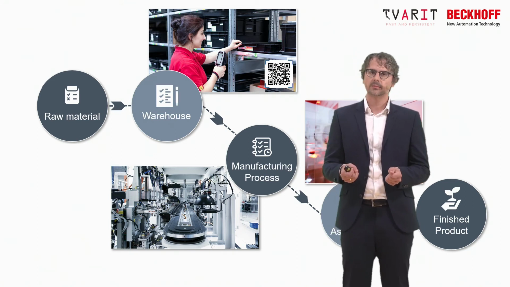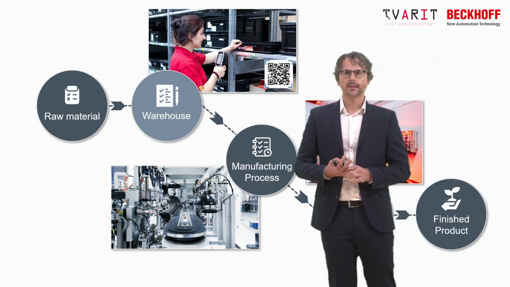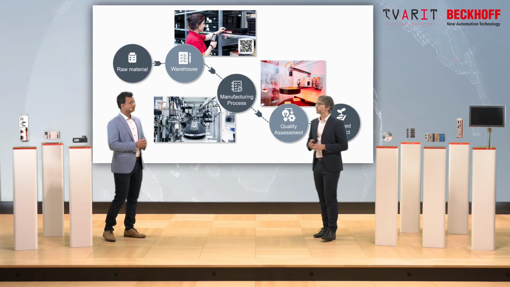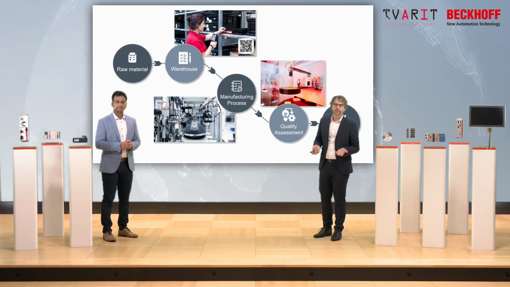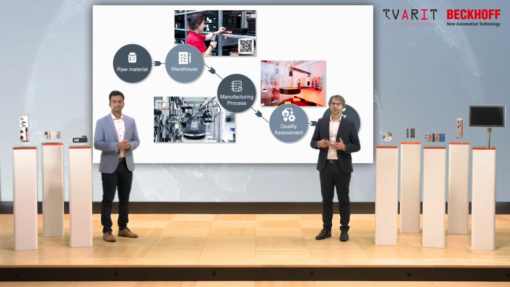So you have full flexibility and full traceability during the complete process through the machine. And of course, in the end, quality assessment. We have lots of different products. One example might be TwinCAT Vision for vision-based quality inspection at the end of the line.